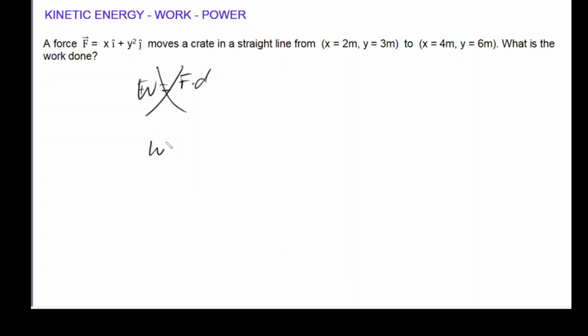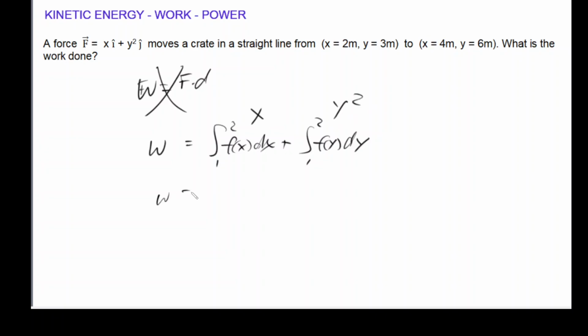And the formula for work using integration is W equals the integral of Fx dx plus the integral of Fy dy from point 1 to point 2. So in this case, Fx is equal to x and Fy is equal to y squared.